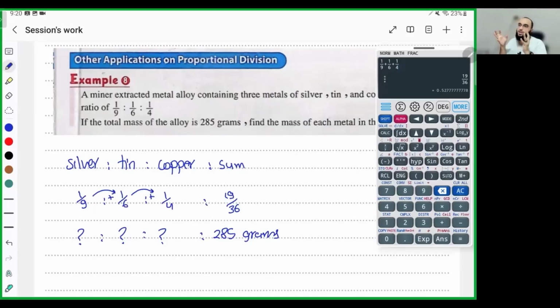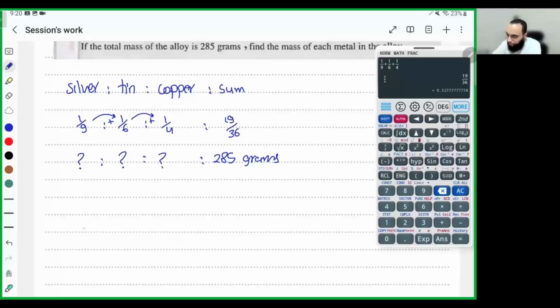Its weight is 285 grams. This black alloy consists of three types of metals. We need to know the weight of each type of metal. So the silver weight equals 1/9 times 285 over 19/36.